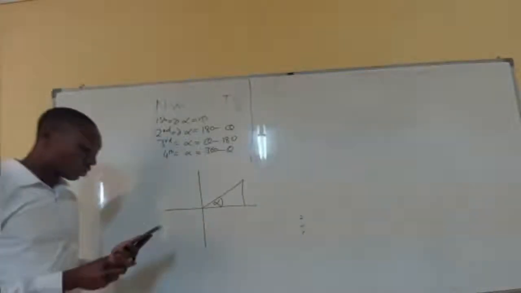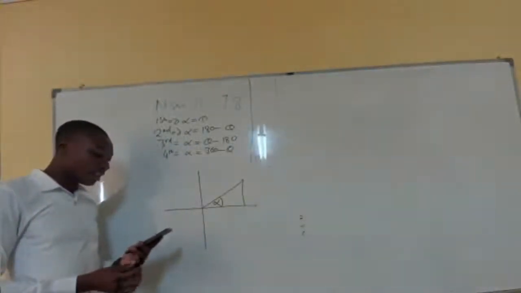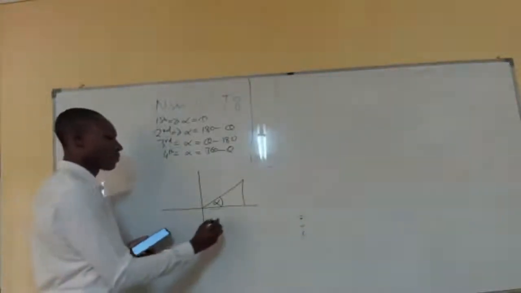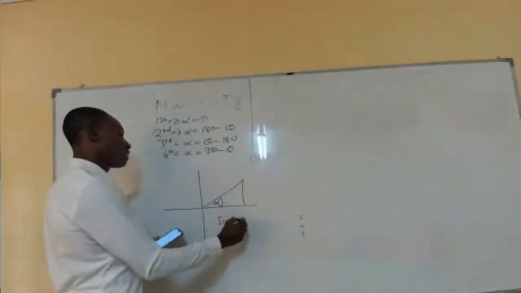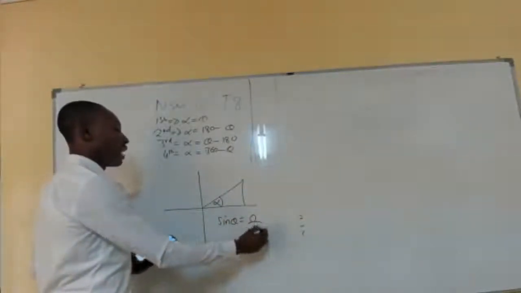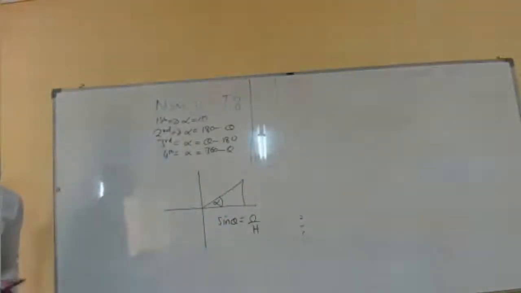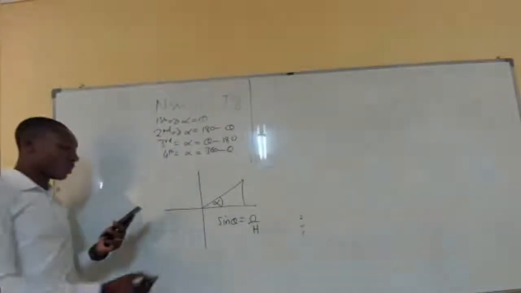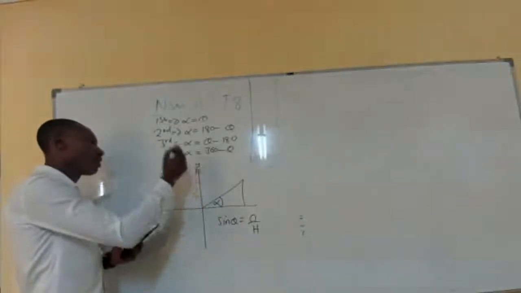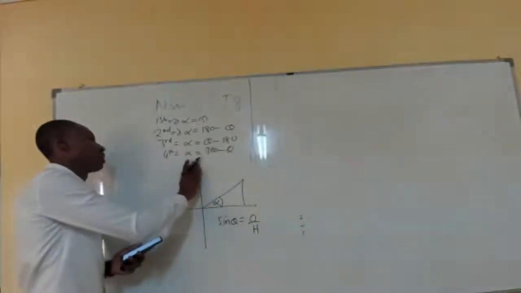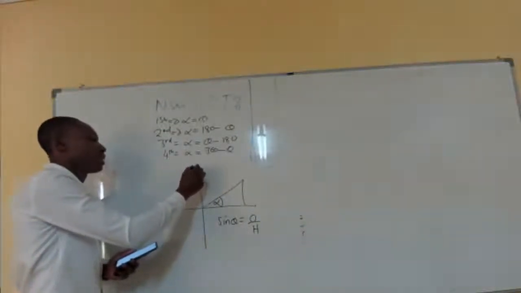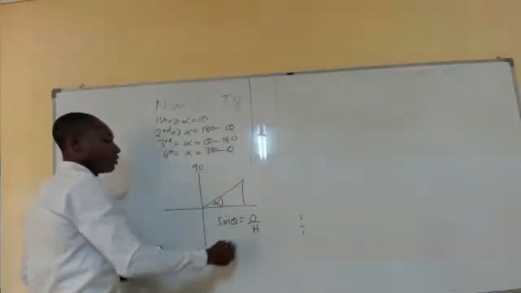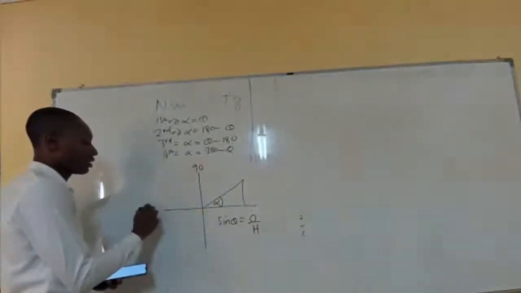Next, you are told that sine theta is 4 over 5. Now we know that sine theta is opposite over hypotenuse. This is 90, and I don't really need to write the others.